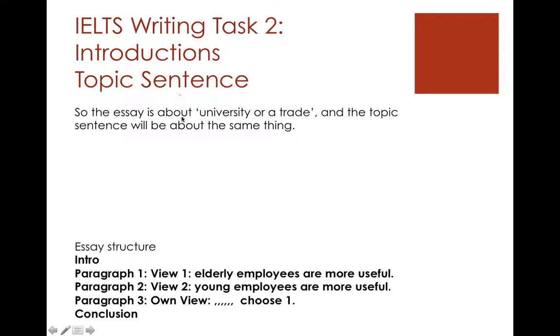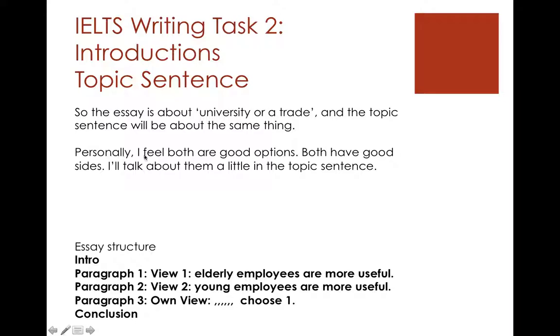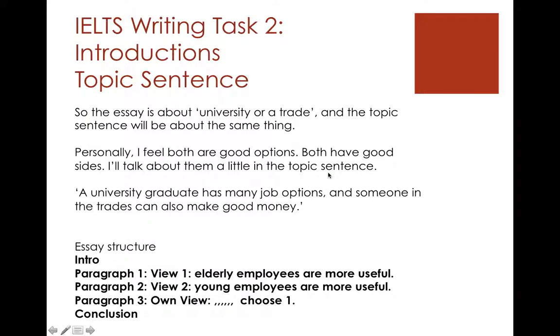And this will be our topic sentence. So, topic sentence, university and trade. And for me, I feel both are good options. Actually, I like both of these things. You could do a trade or you could do a university. They have good sides. So I'll talk about them in the topic sentence. And the first thing I'm going to do is talk about university graduate.